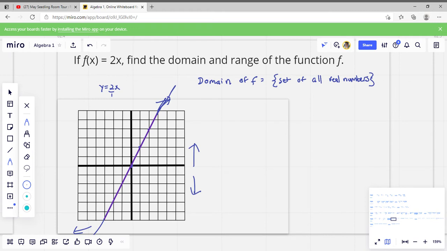So the range of f equals the set of all real numbers.